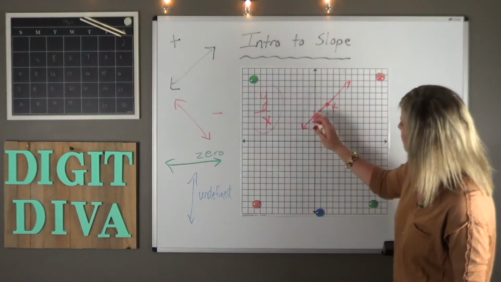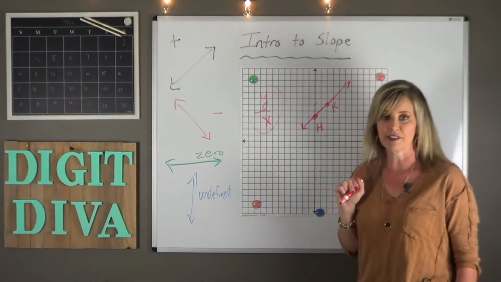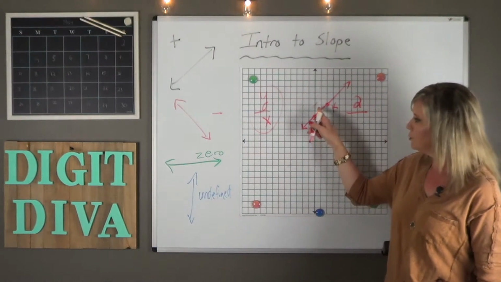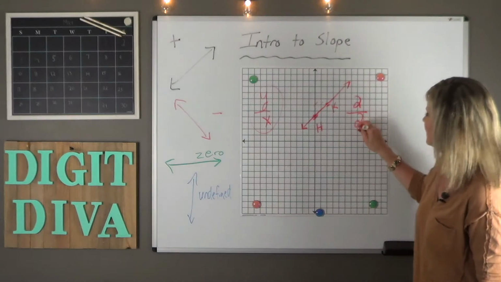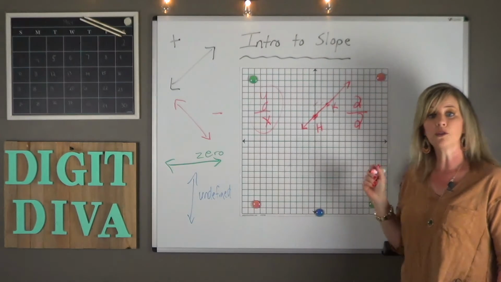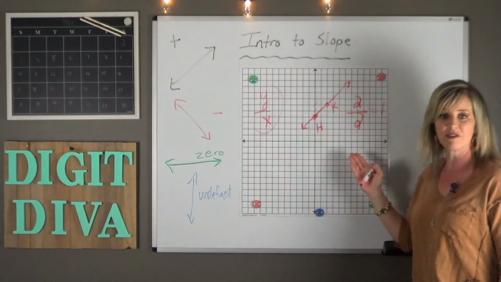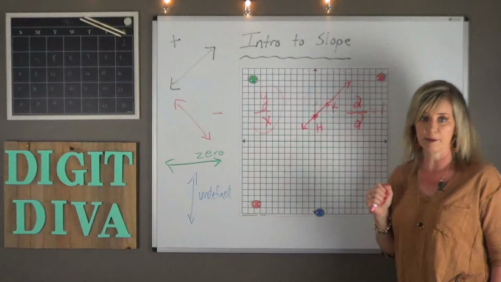So I would have to go up 2 blocks, okay, to get even with Kathy's street. So 2 up, and then you jump over 2 more blocks, and I'm at Kathy's house. So 2 divided by 2 is equal to 1. So we just simplified our slope. So the slope of this line would be 1.